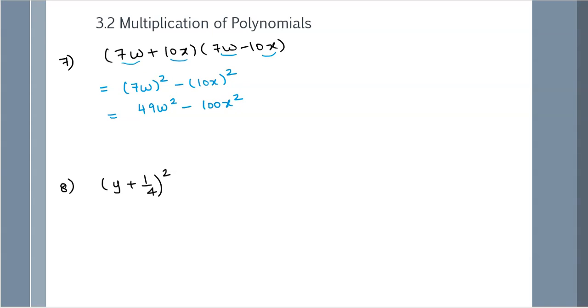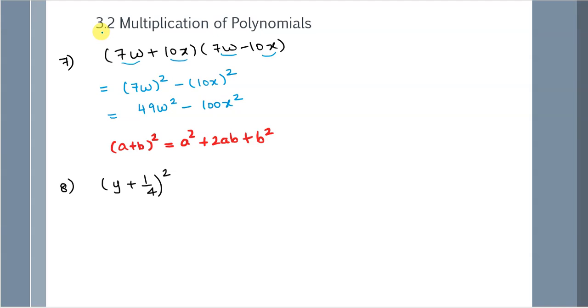Now here, for this question, again, you can make use of a rule. The rule says that a plus b power 2 is a square plus 2ab plus b square. Okay, and if it is a minus b, only the 2ab term becomes minus.